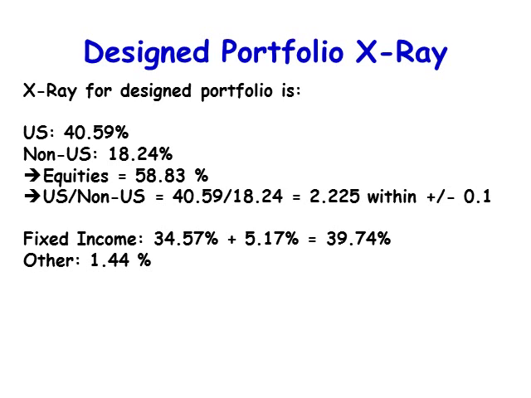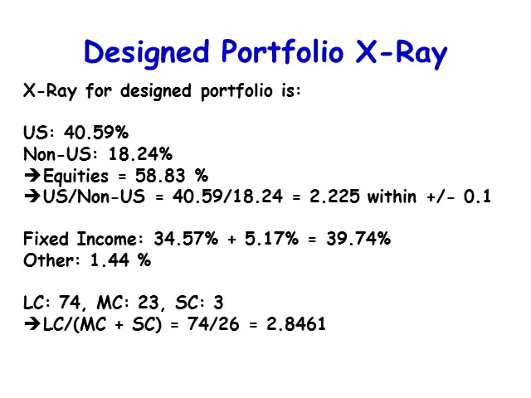Okay, let's continue. Large cap is 74%, mid cap is 23%, and small cap is 3%. Our ratio of large cap to mid cap plus small cap is 74 divided by 26, which is 2.8461. That's within plus or minus 0.15 of the 3 we were looking for.